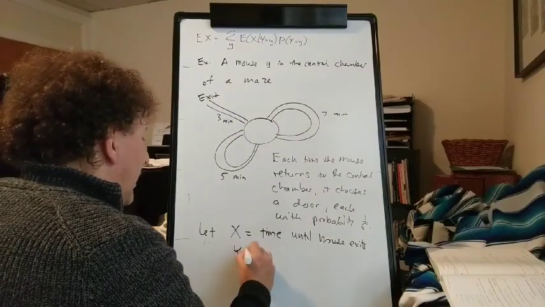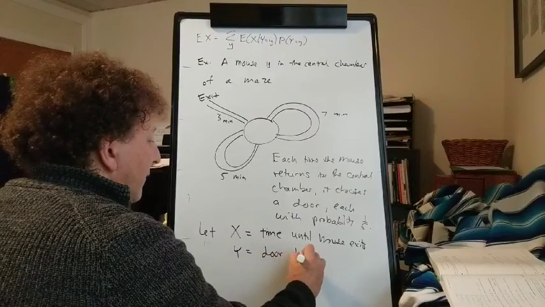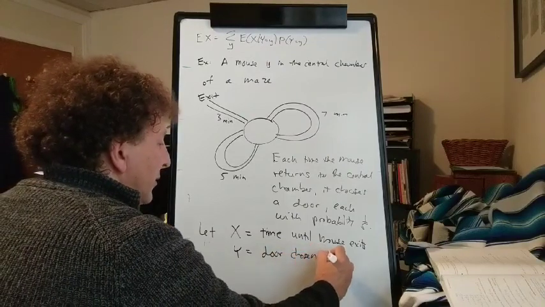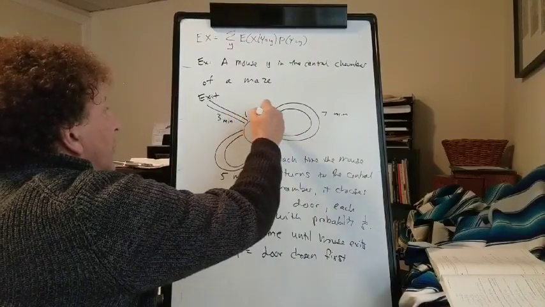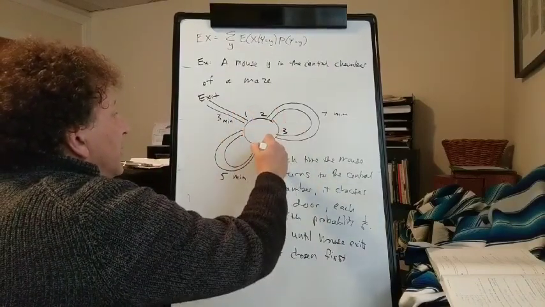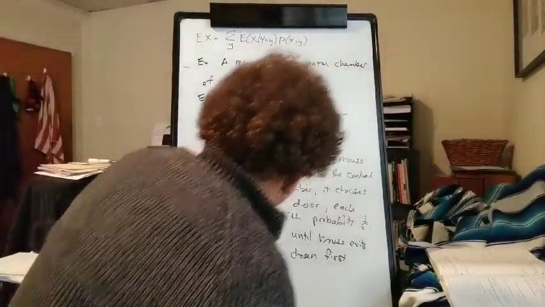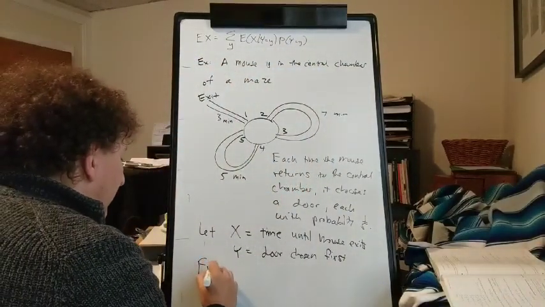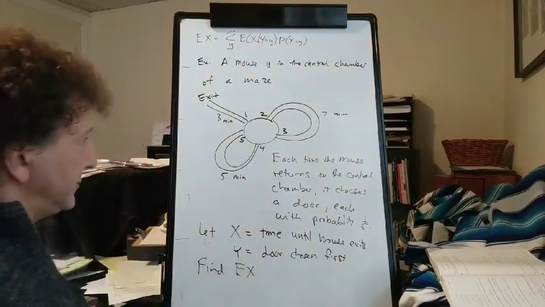And let's let y be the door chosen first. So let's let the doors be 1, 2, 3, 4, 5. Let's find the expected value of x.